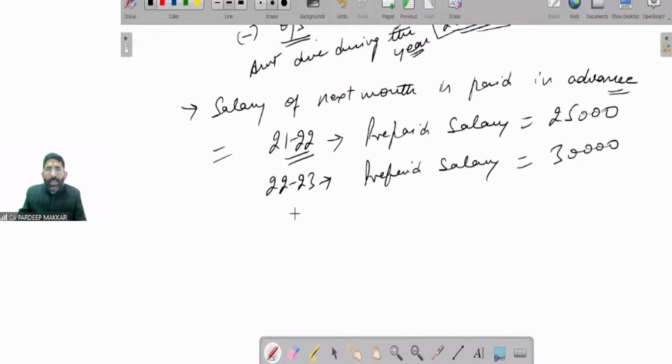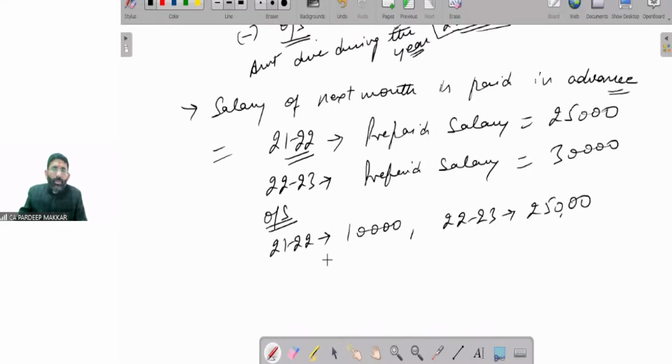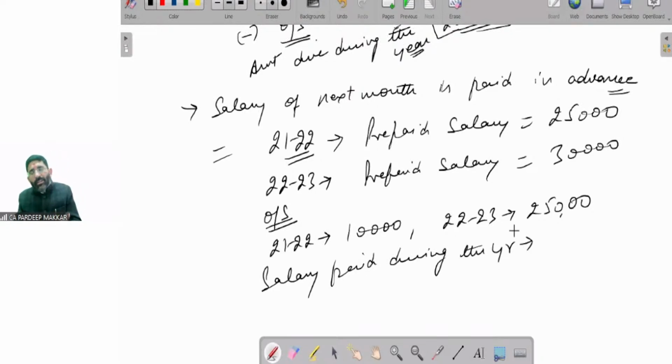And talking about outstanding salaries, he says in 21-22, it is 10,000, and in 22-23, it is 25,000. So how much will be the amount if salary paid during the year, which may be salary as given in trial balance or salary given in receipt and payment account, one and the same thing, is rupees 4 lakhs.